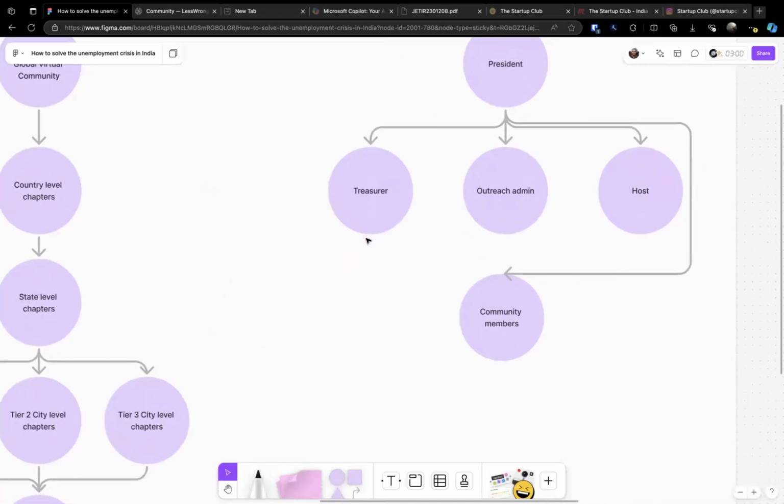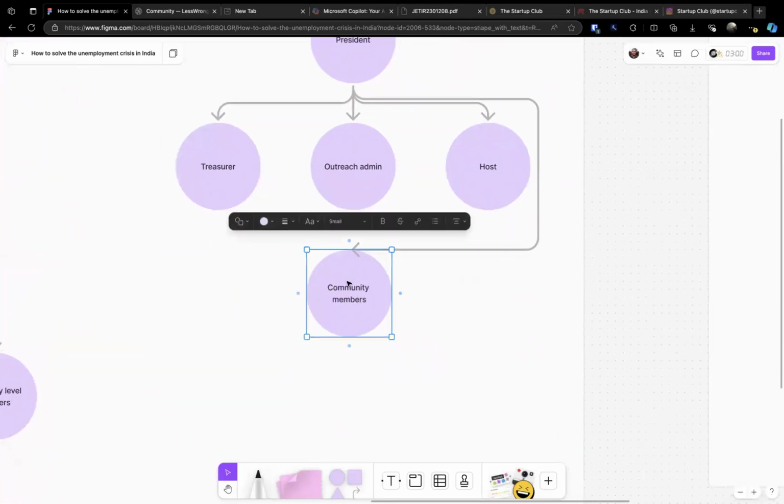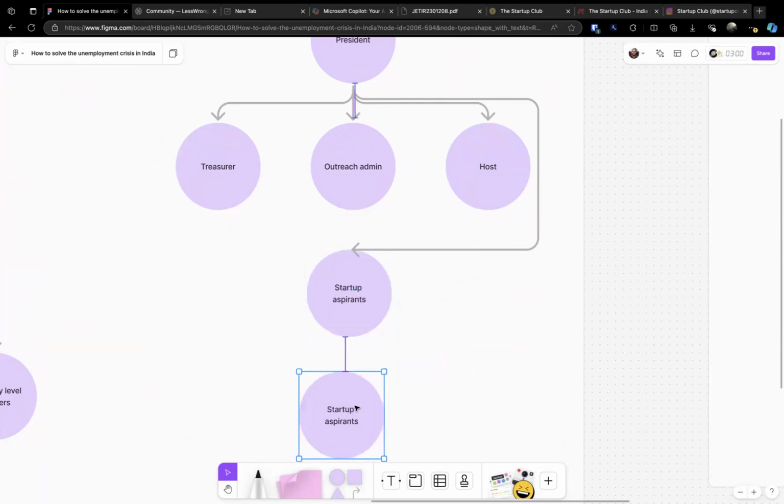Yeah. So that question, right? Actually, one of the reasons why I was building this thing is that, I do understand this is all about organizing and structuring how to build communities.